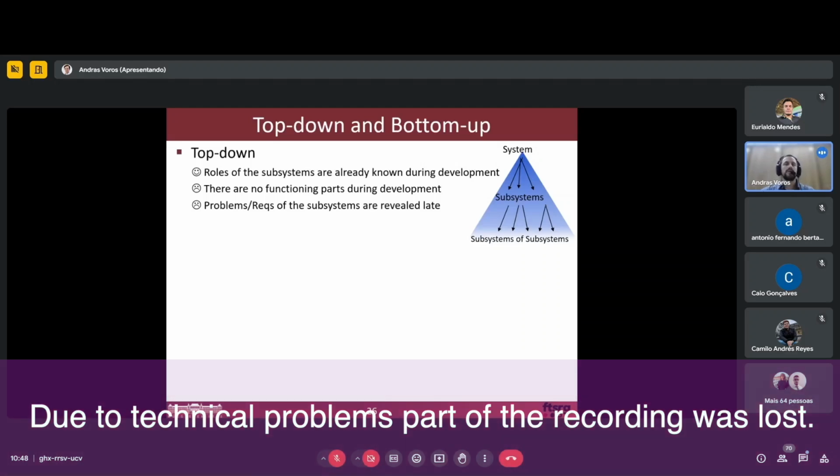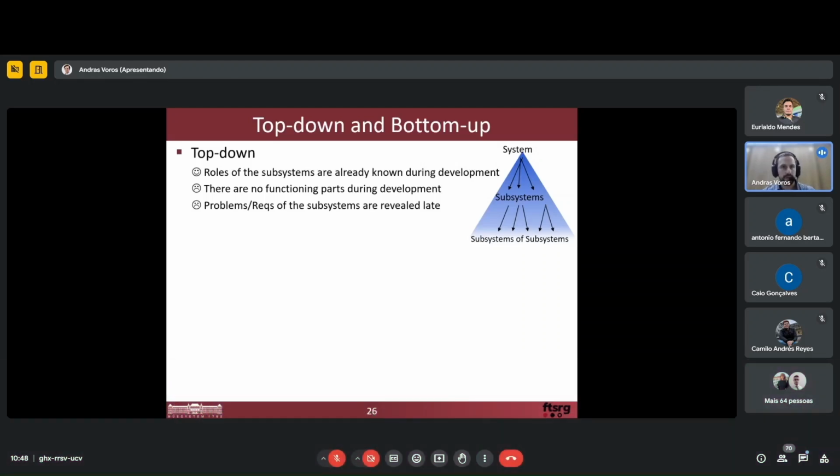So in the top-down development method, we have the system divided into subsystems, and subsystems of subsystems, until I reach the building blocks, the bricks in the previous example. A very important advantage is that the roles of the subsystems are already known during the development.